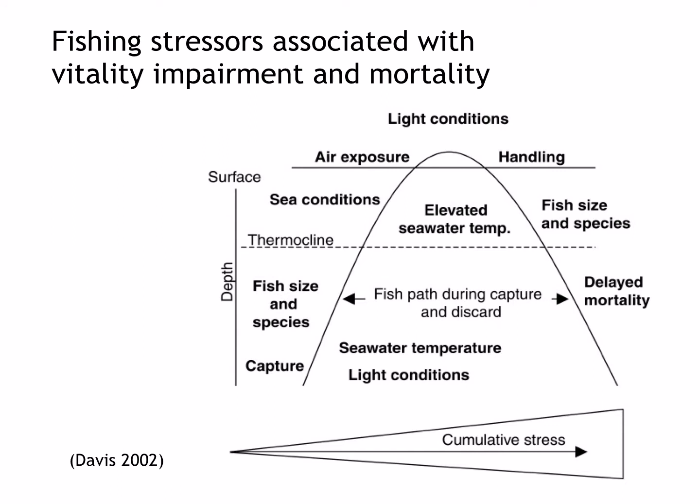The diagram shows fishing stressors associated with vitality impairment and mortality. The fish path during capture and discard can be described, coming from depth through a thermocline to the surface and then back down to the bottom after discarding. Cumulative stress results from exposure to several different fishing stressors.